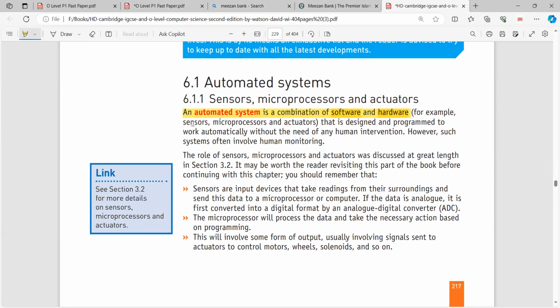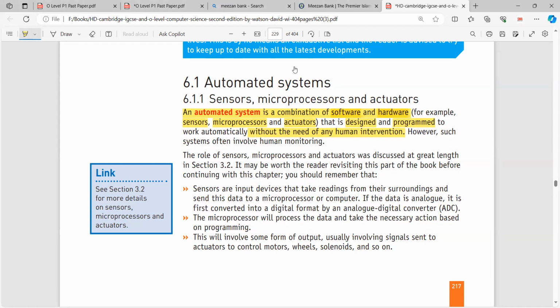For example, I can certainly say I have sensors, microprocessors, and actuators that are designed and programmed to work without the need of human intervention. Why did we invent machines, or robots, or artificial intelligence? It means we should have the ability to work without human intervention.